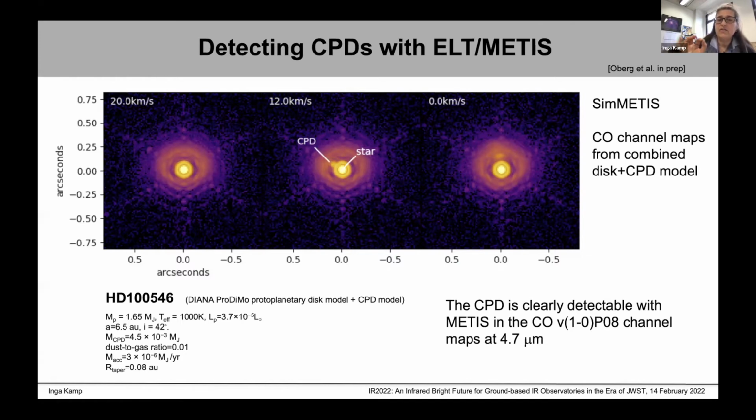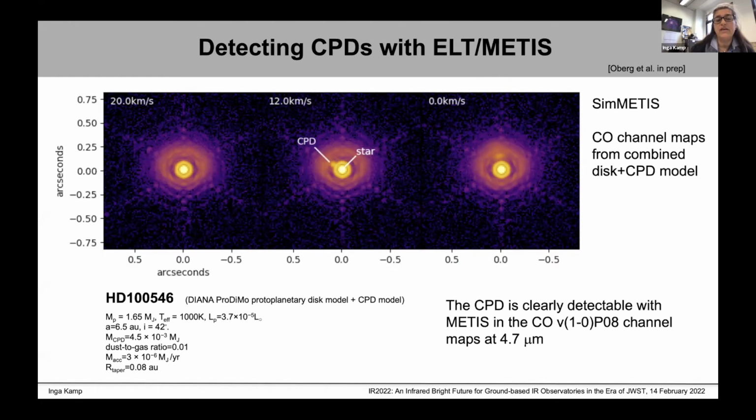And so we see the CO emission from that circumplanetary disk in one specific channel. So what we get is, instead of ALMA CO channel maps, we will get channel maps with METIS in the mid-infrared. And this is extremely powerful.